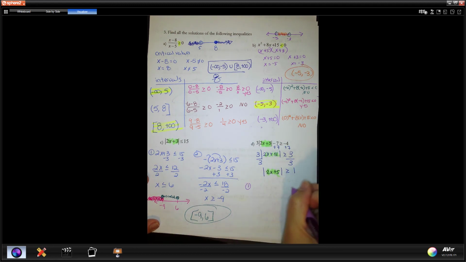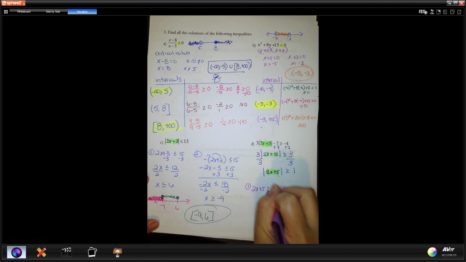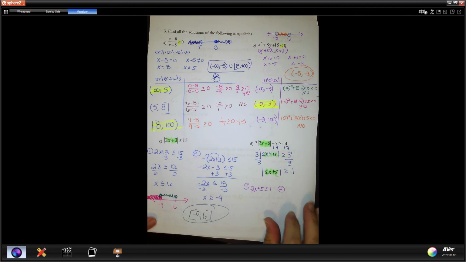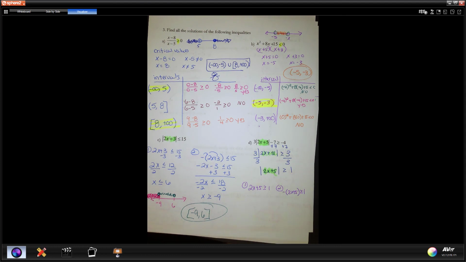I'll show that last step. So then our first inequality is 2x plus 5 is greater than or equal to 1. Our second inequality is the opposite of 2x plus 5 is greater than or equal to 1. And then we would go through and solve both of those.